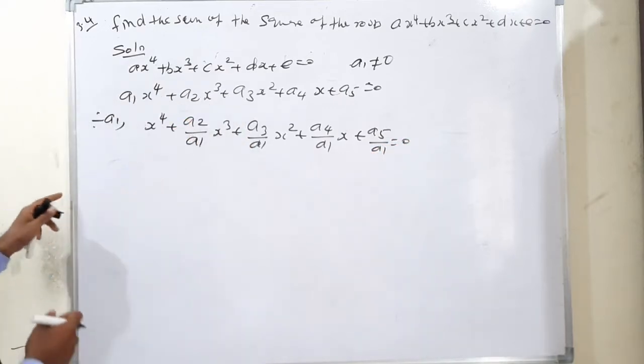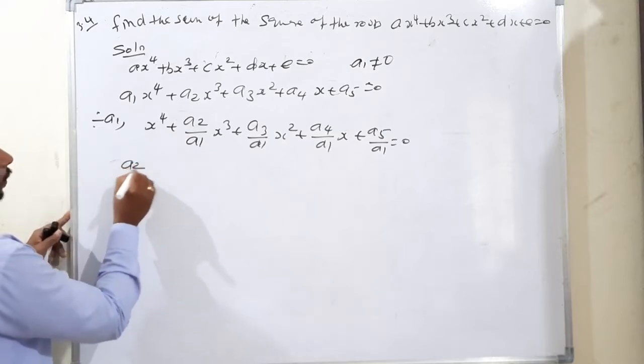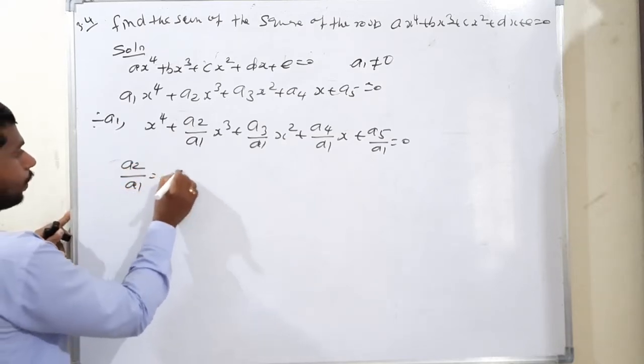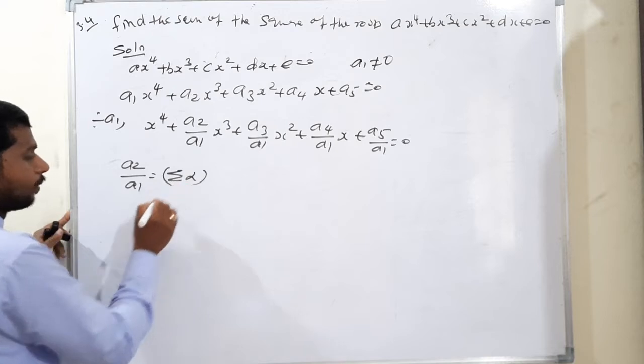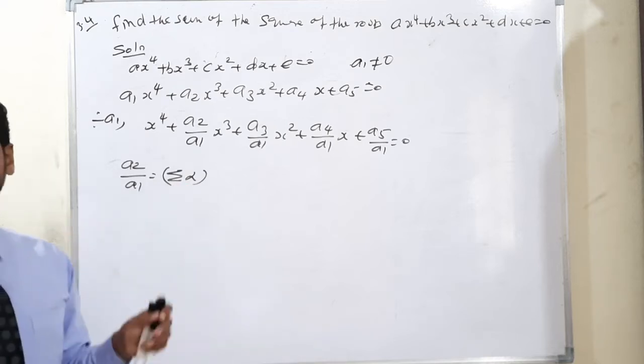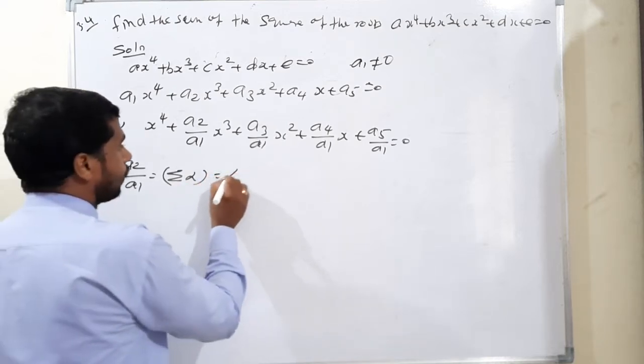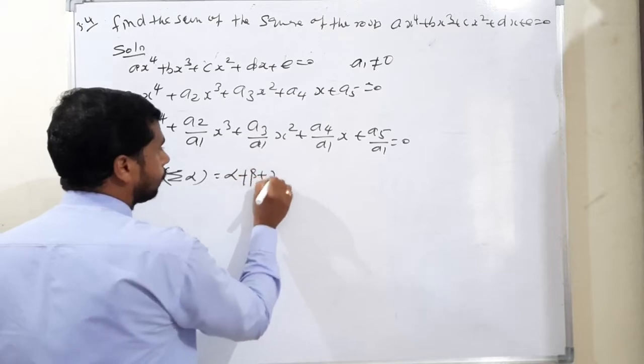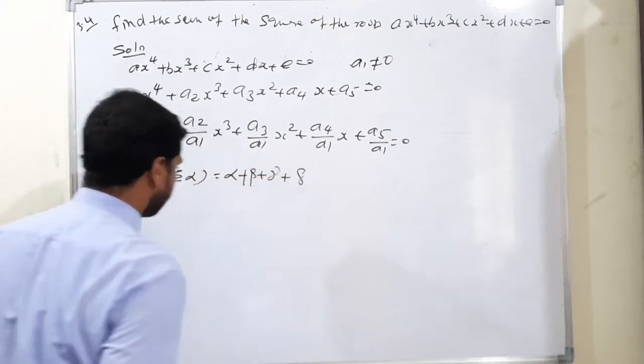So what is the meaning of a2 by a1? A2 by a1 means summation of alpha. Summation of alpha means the sum of the roots taken one at a time, that is alpha plus beta plus gamma plus delta.